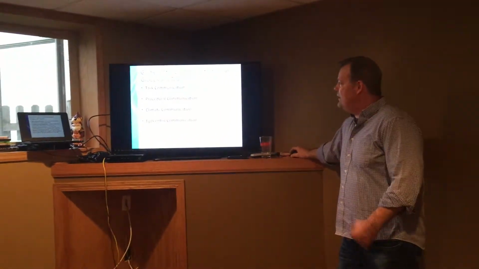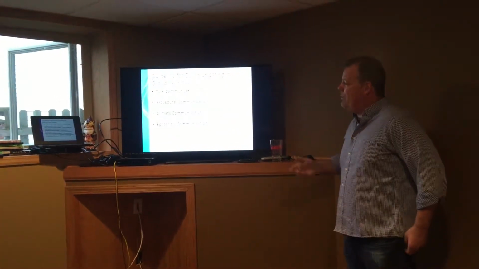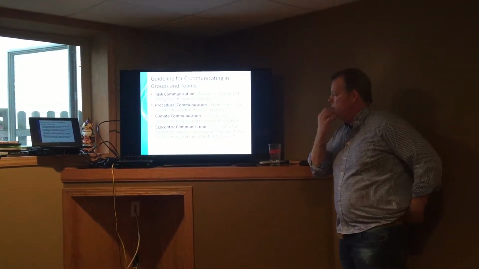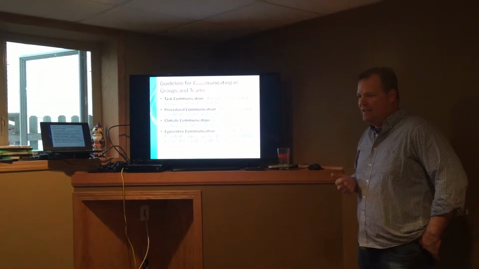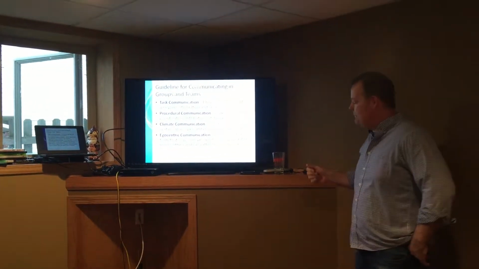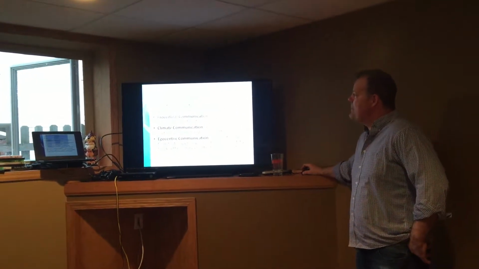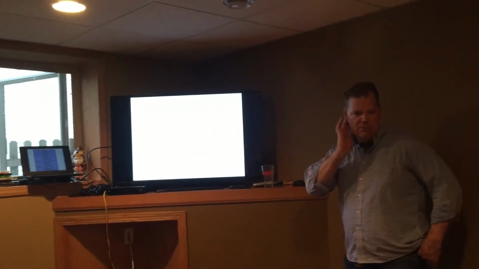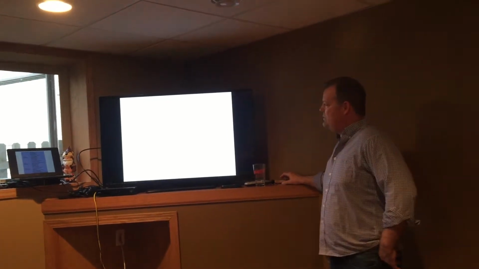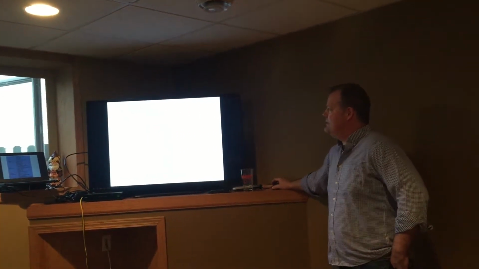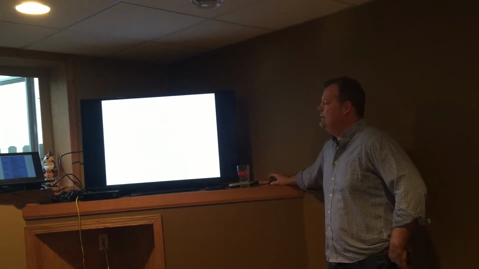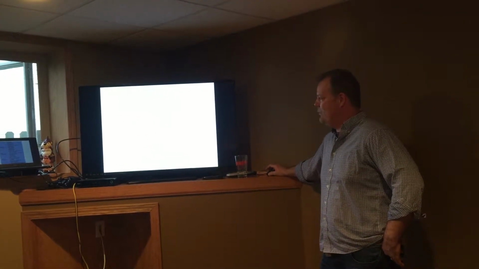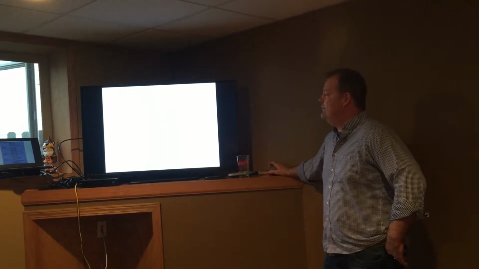So, guidelines for communicating when you're in these teams and groups. The first 3 are more positive: task communication, procedural communication, climate communication, and then the bad one, egocentric communication. We're going to go over what some of those examples are. So task communication: this is seeking information, giving information, elaborating on ideas. Procedural communication: this is more the logistics of the meeting or of the team.